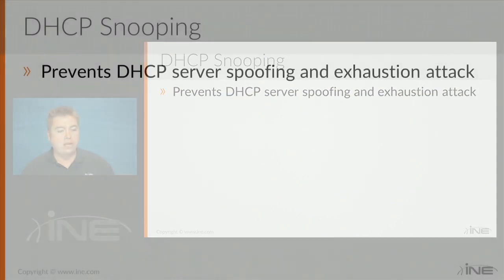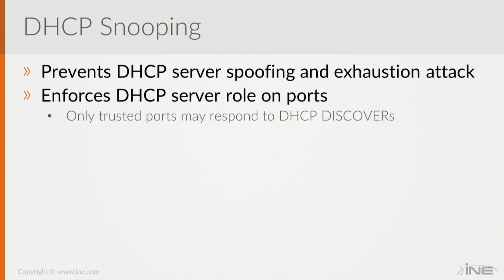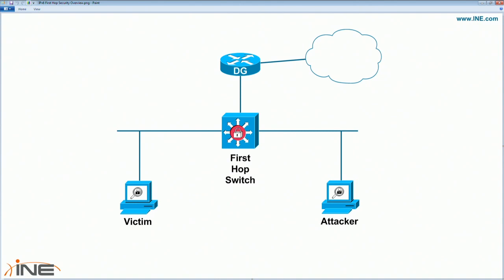Now, specifically, the way that the feature prevents this is to enforce what links a DHCP discover message will be allowed on. So in our particular case, what we would be doing here is to enable DHCP snooping on the switch, and we would say that the link up to the default gateway is a trusted link, and the other ports are untrusted.